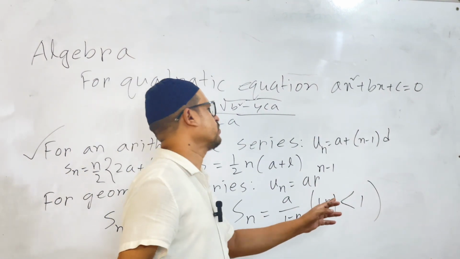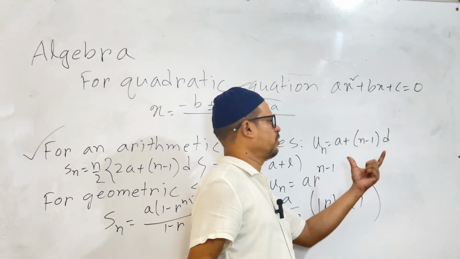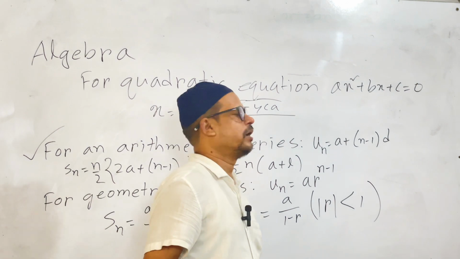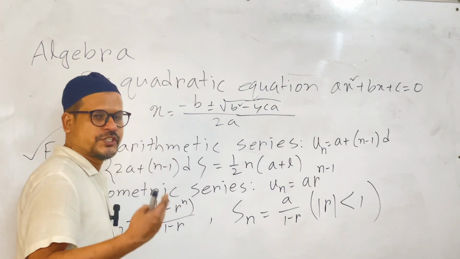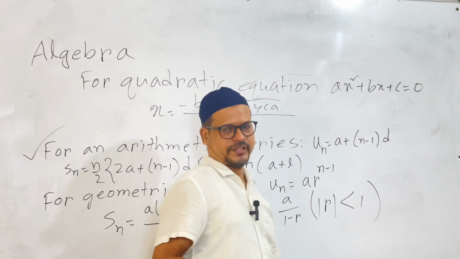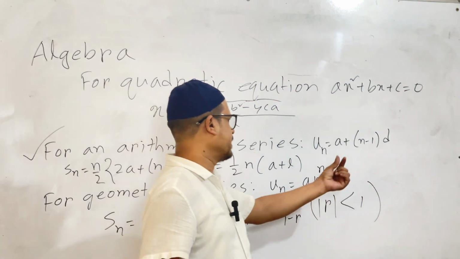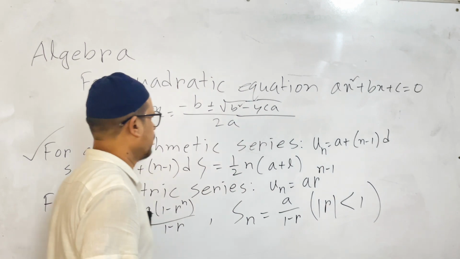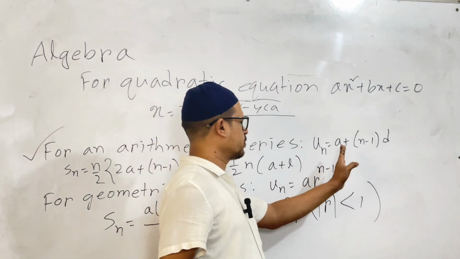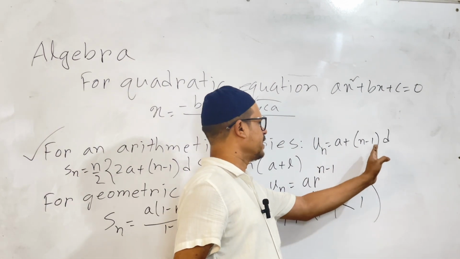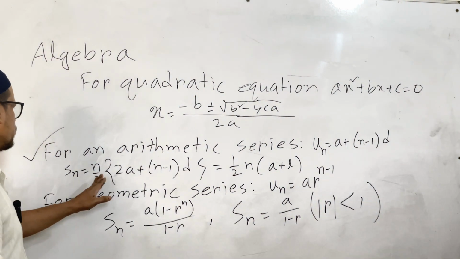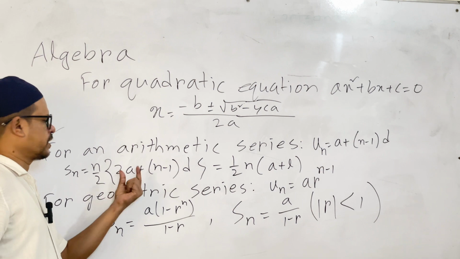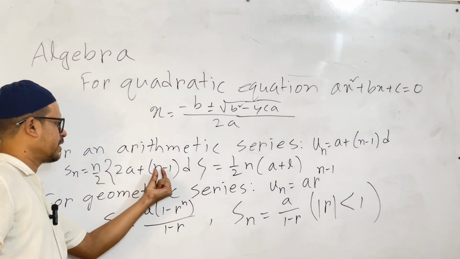If you want to find out the n, then you apply this formula, and you have to know the value of the nth term from the series, and d is the common difference, and a is the first term of the series. Then un equals a plus n minus 1 d, and the summation of the series is equal to n by 2 times 2a plus n minus 1 d.